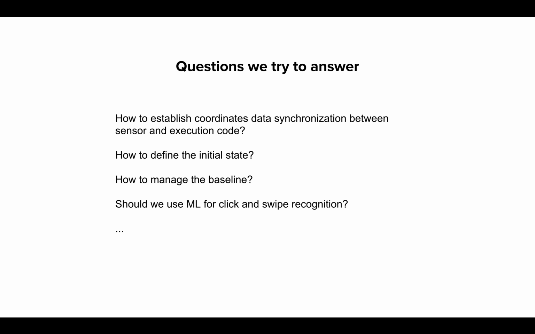The questions we ended up with after the first few weeks are how we can establish coordinates data synchronization between sensors and execution code, how to define the initial state, how to manage the baseline, and should we use machine learning for click and swipe recognition.